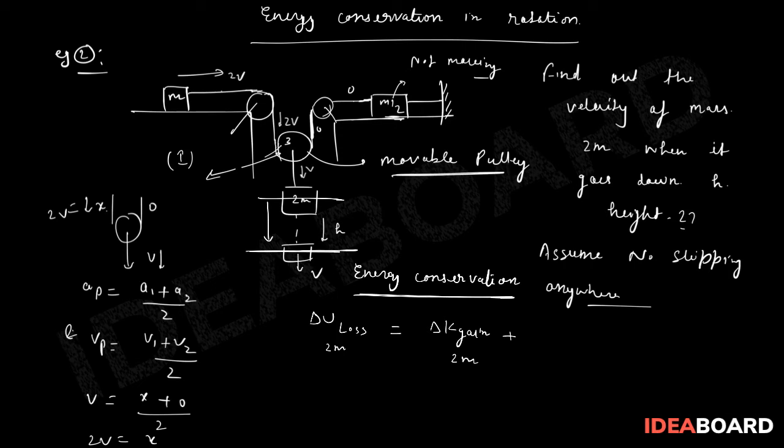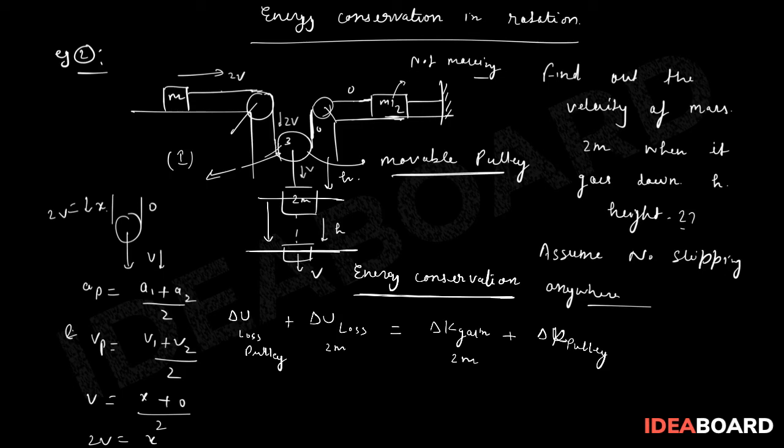Now talking about this pulley, another factor is important: delta U loss of this pulley also, because this time you can see this movable pulley is coming h distance or h displacement down, and simultaneously this pulley is also gaining certain kinetic energy.